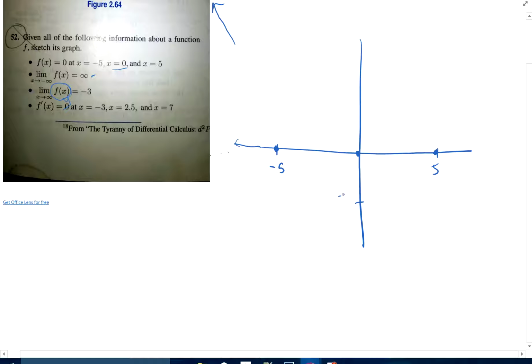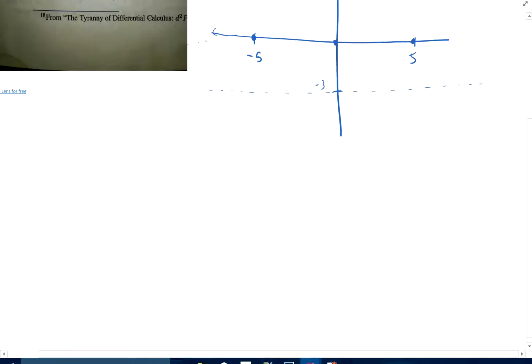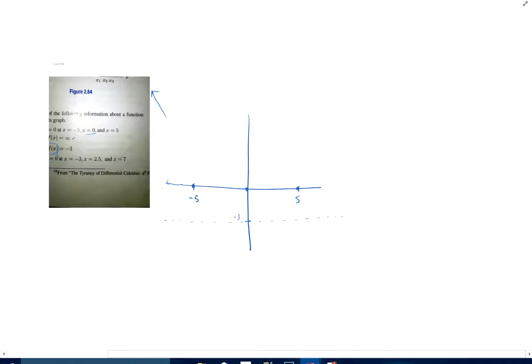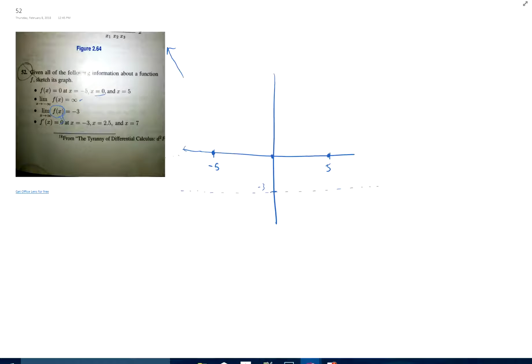Well, down here is negative 3. I'm going to mark this so that we can see where it is. As x gets bigger and bigger this way, the y values are getting closer to negative 3, so it's actually coming down like this. That's what we call a horizontal asymptote.